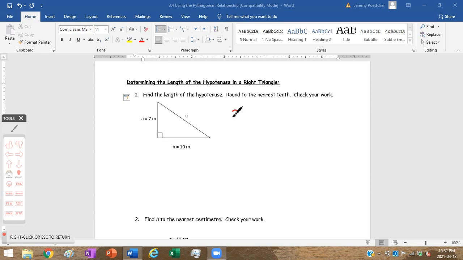Well, we have to take the square of the two sides, which are labeled conveniently a and b. So a squared, and we're going to add that to b squared. And that should eventually, in the end, give us c squared. In this case, we need to find the length of the hypotenuse, so we'll take the square root of this c squared number once we figure it out.